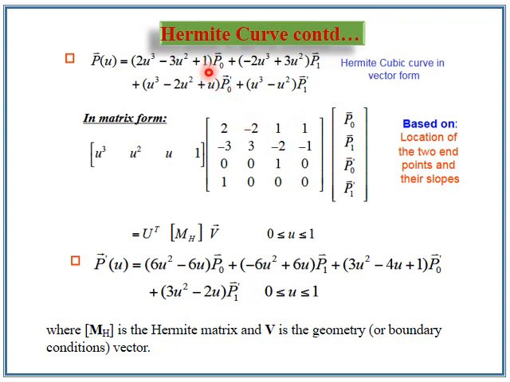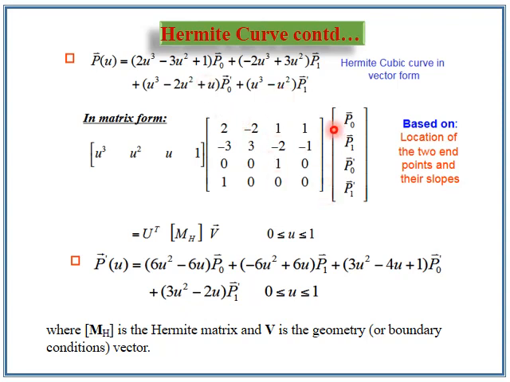Here there is no u, so 0, and in this case also 0. Here we will get 1, and in this case 0, and then p1 dash, the derivative of p1. So we will get first coefficient 1, and in this case there is no value, 0, similarly 0, and then similarly 0.